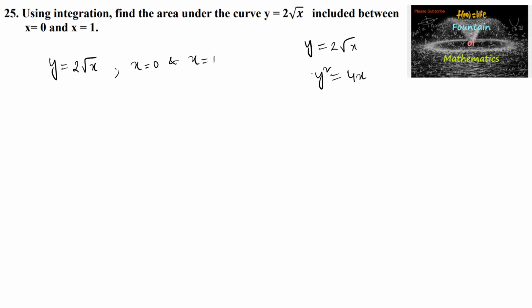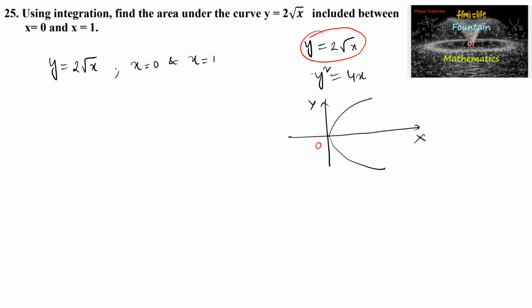We know that y square is equal to 4x is a parabola open towards the positive direction of x-axis. But since it is given y is equal to 2 root x, we need to consider the y value to be positive.